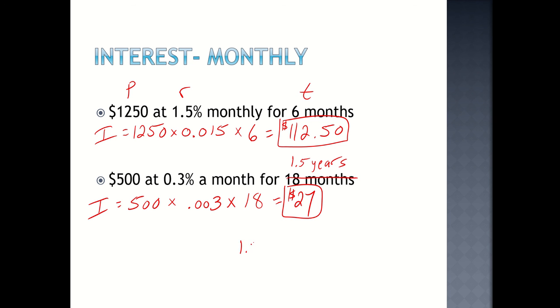Well, how many months are in a year? 12, so multiply 1.5 by 12 months per year, we would get 18 months. Now, maybe you know that a year and a half is 18 months, in which case you don't have to show these calculations. That's fine, but it's not always that easy. However many years you have, multiply by 12. That'll give you the number of months.